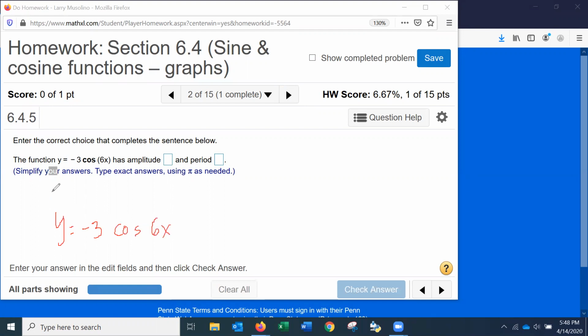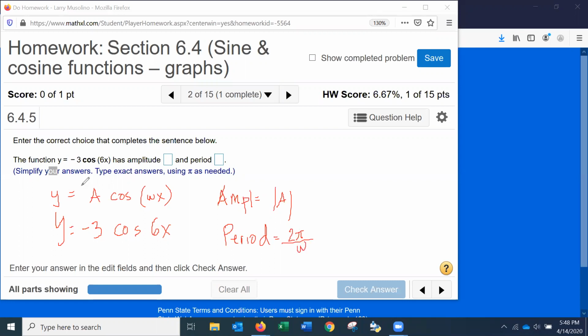Well, I'm comparing this to y equals a cosine omega x. And it's going to be the same amplitude definition and the same period definition. So all we have to do is plug into these formulas.